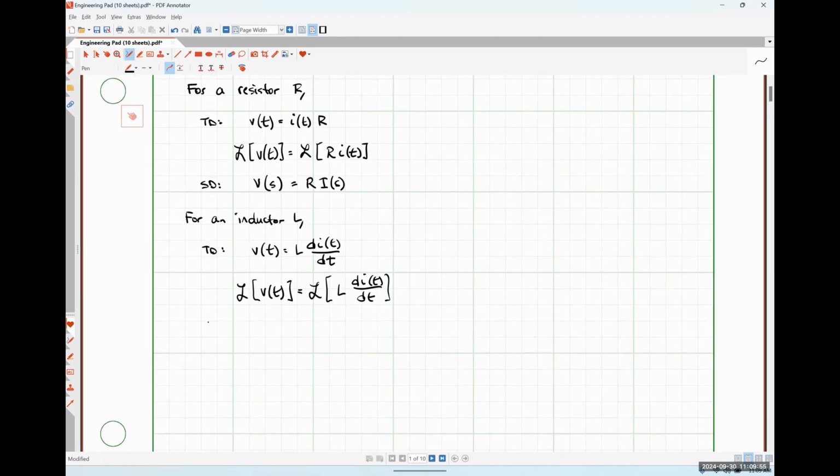In the S domain, we'll have some voltage as a function of S. And then, anybody remember what the time derivative property of the Laplace transform looks like? It's on the table that I gave you guys, for what it's worth.